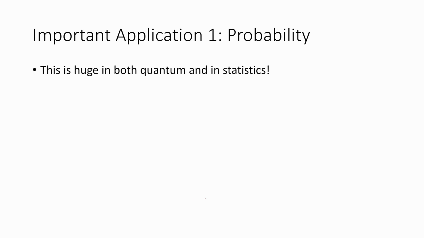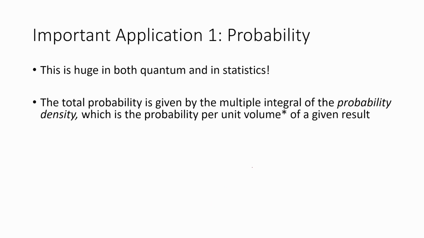And when you have continuous distributions, that means you can't just sum probabilities, rather you have to integrate probabilities. So what you do is you look at the probability per unit of your variable. If it's a spatial probability, maybe that's a unit volume.